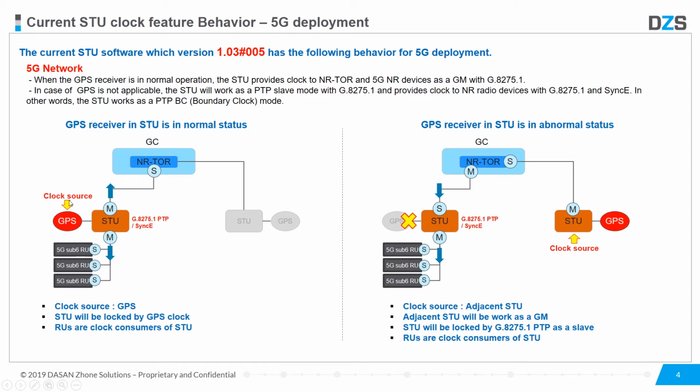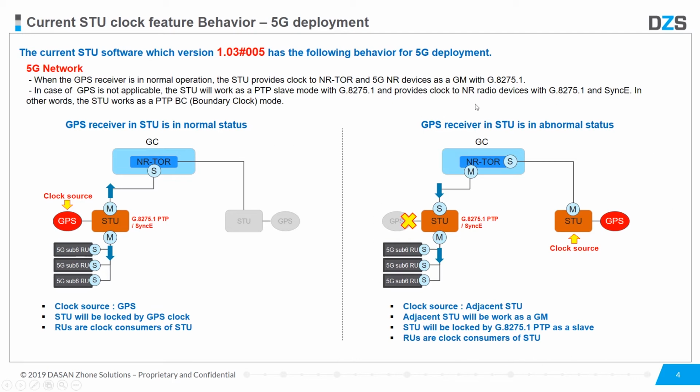After that, the STU provides clock signals such as G.8275.1 PTP and SyncE to the NLTOR for northbound and the 5G sub-6 RU for southbound. This is the case when GPS reception connected to the STU is in normal status.